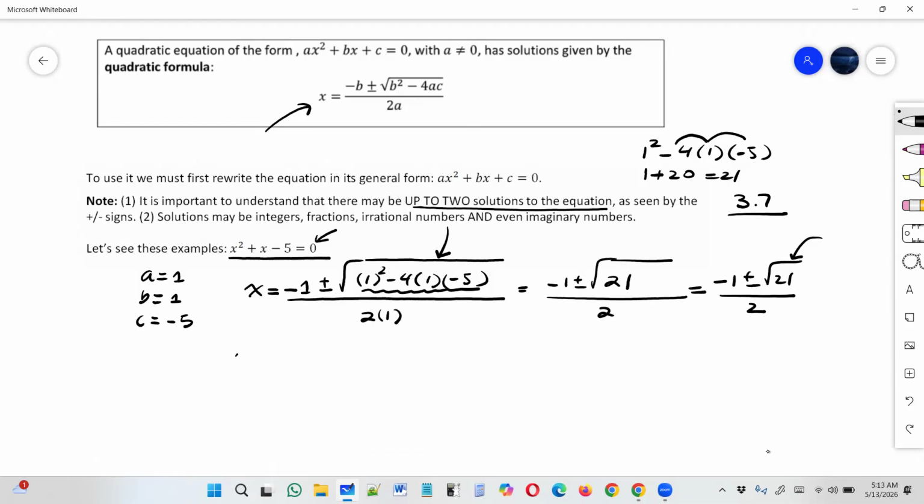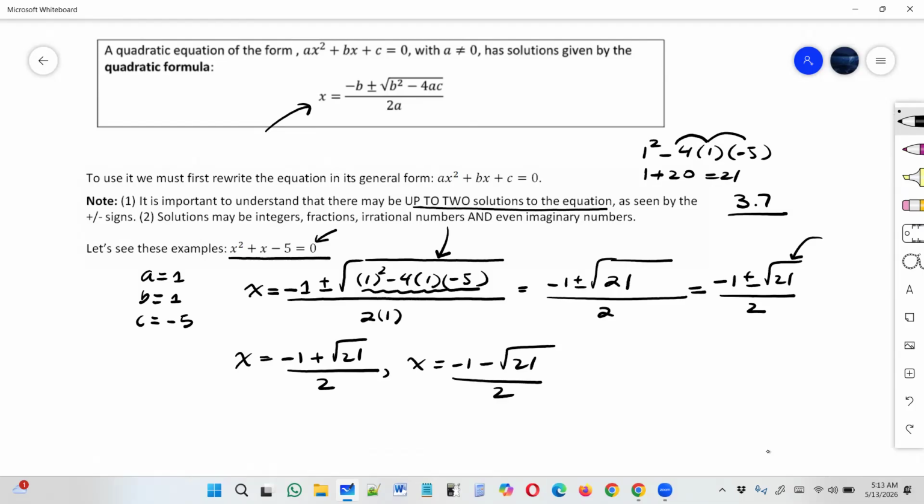So then you write both solutions separately. Let's write this correctly: -1 plus radical 21 over 2, and the other being -1 minus radical 21 over 2.